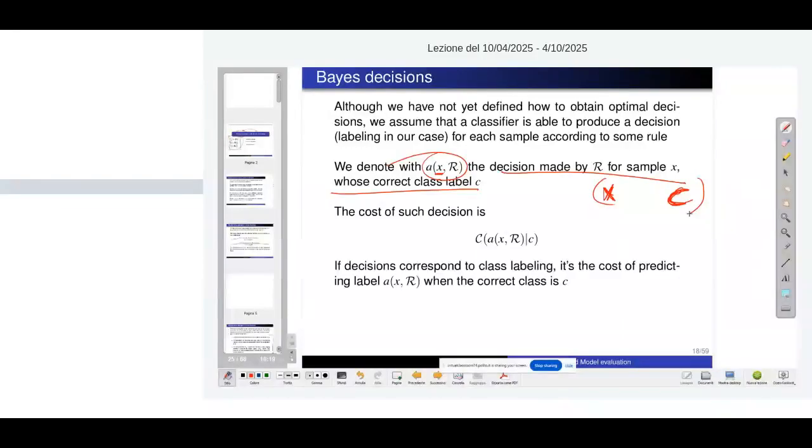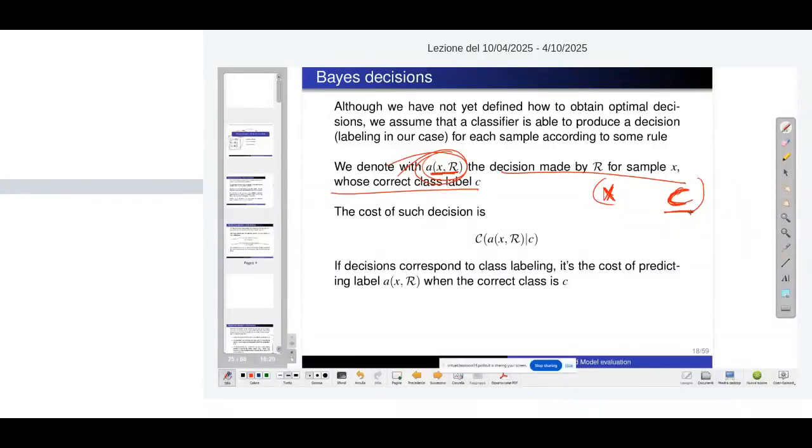We have a sample vector, and for each sample, the classifier gives us a decision, that is an action, or if you prefer, in the simplified view of things, a predicted label for the sample, and the sample is actually of class C.